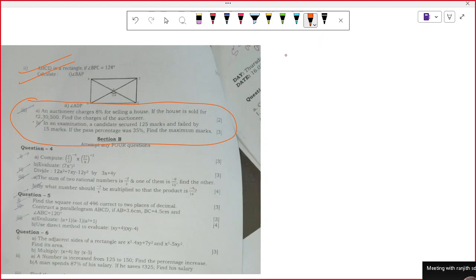An auctioneer charges 8% for selling a house.